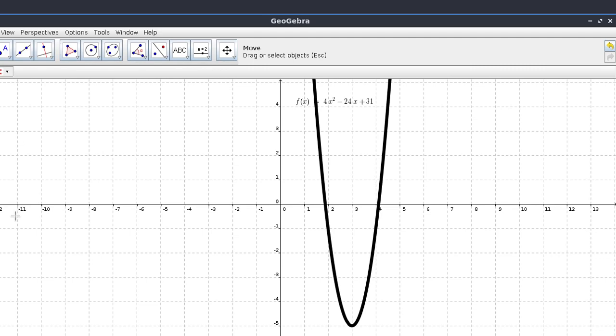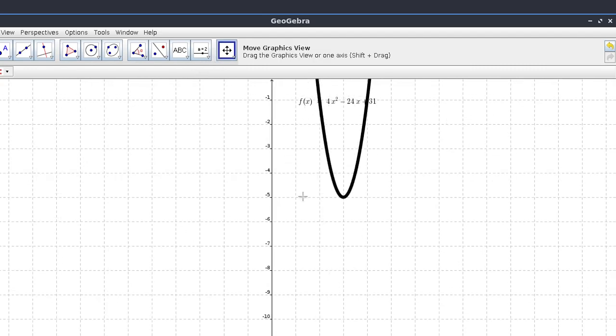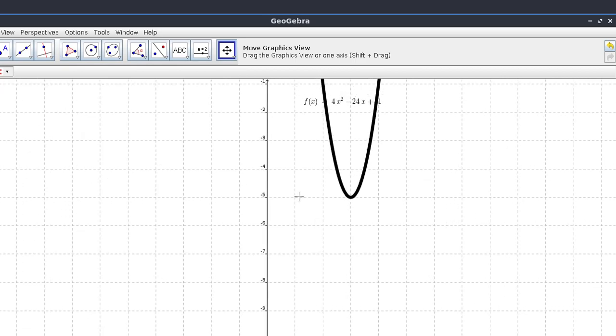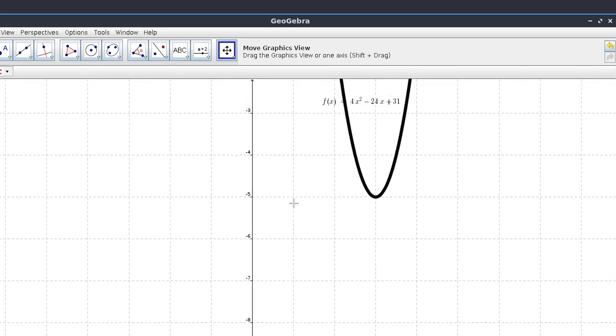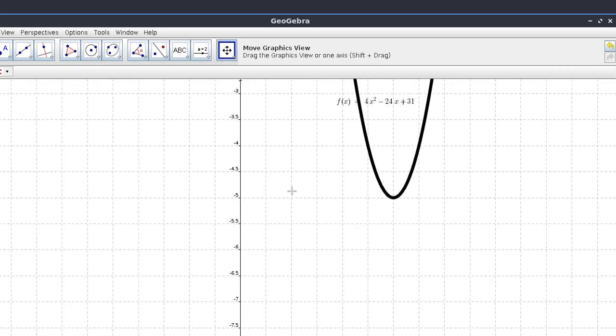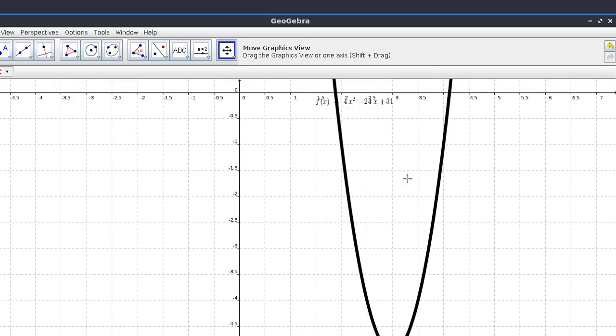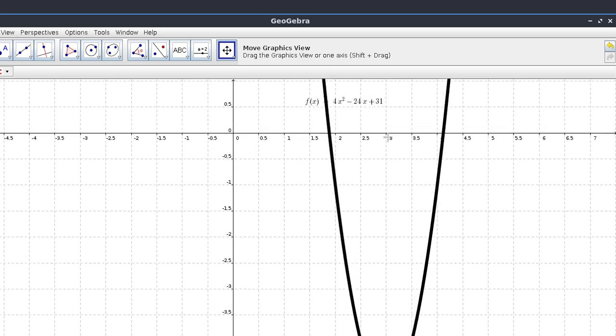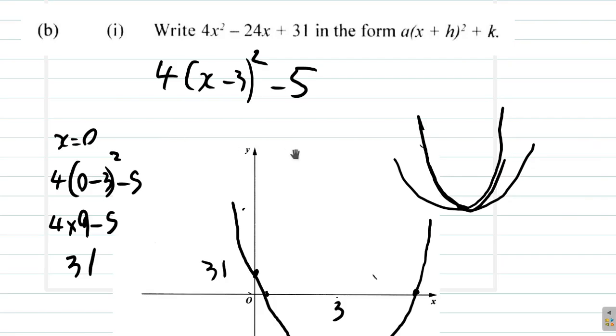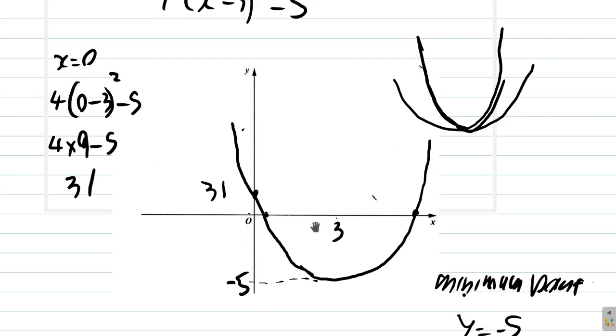Alright, so let us look at certain parts of this graph. If you zoom in here, you can see that the minimum point is right there at y equal negative 5. Now this line, what does it line up with? It is 3. So the minimum point is below 3 and beside negative 5.